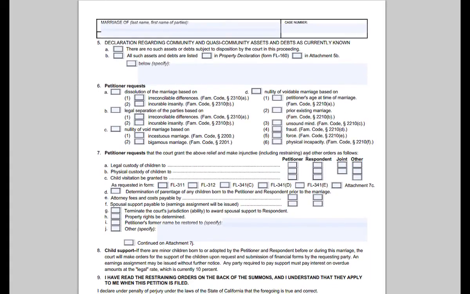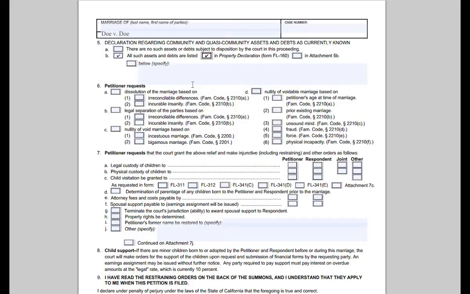Now above, make sure to fill in the captions. So for our example, the captions here are going to be Doe v. Doe. And the case number, just leave it blank. For number 5, check B, and also check off the FL-160 box.